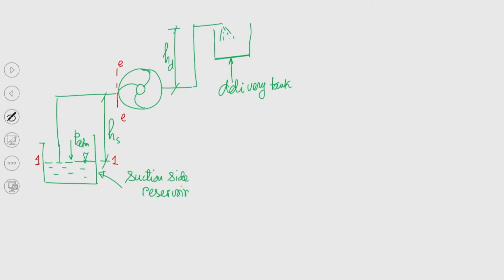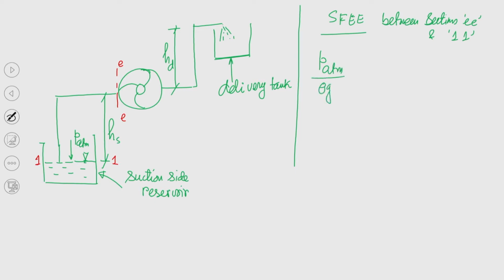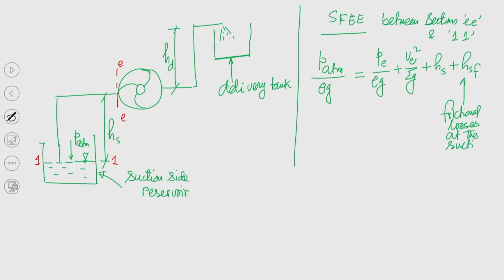Simply, if we write the steady flow energy equation between sections EE and 1 1, then we can write P ATM by rho g equals P E by rho g plus V E square by 2 g plus H S plus HSF, that is the frictional losses at the suction side.